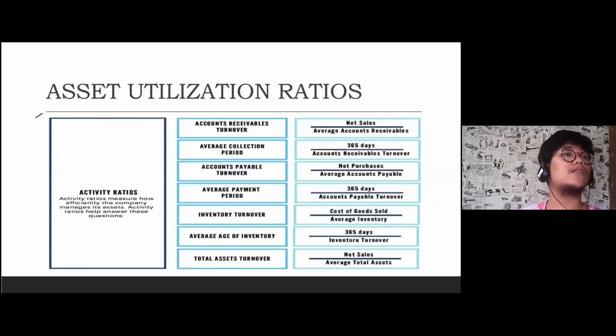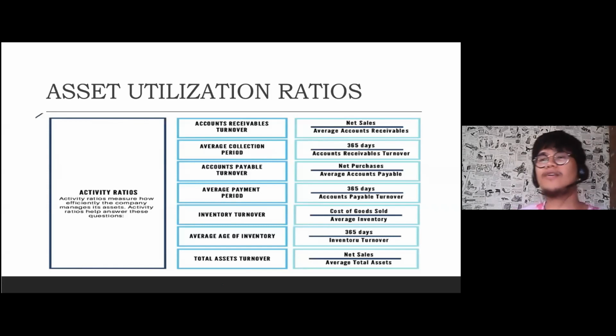Very good, it depends on the kind of product. If you calculated, for example, a 50-day average age of inventory, tapos ang product mo ay perishable good, bulok na, hindi mo pa na-dispose yung inventory mo. So it always depends on the product.